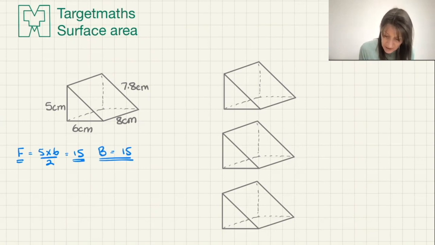So if I just look at the very base of our shape, you can see that it's obviously a rectangle, and the 2 edges that make the rectangle are that part and this part.